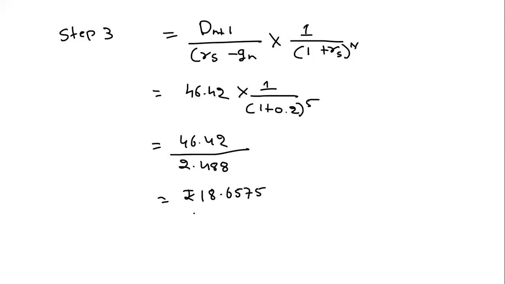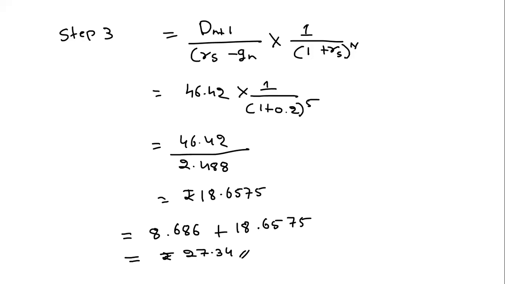After adding in that whole formula, we get the first value 8.686 plus 18.6575, which is equal to rupees 27.34.